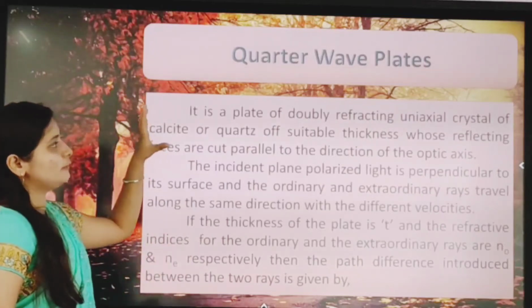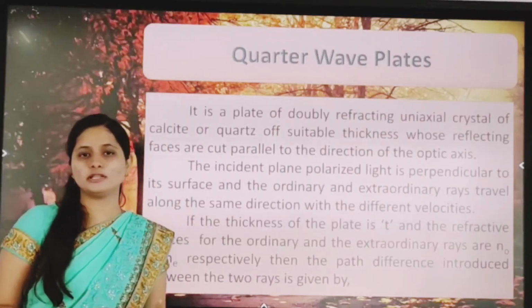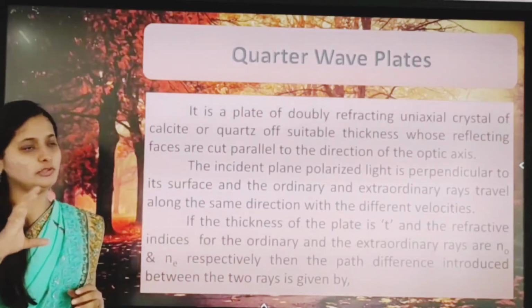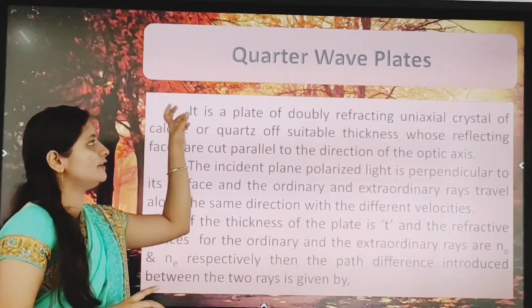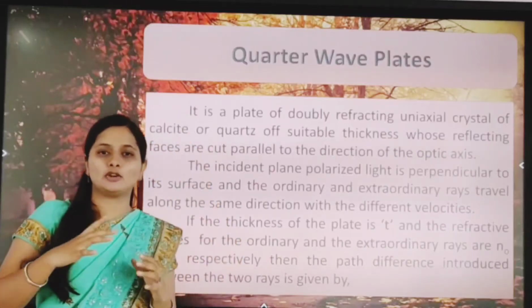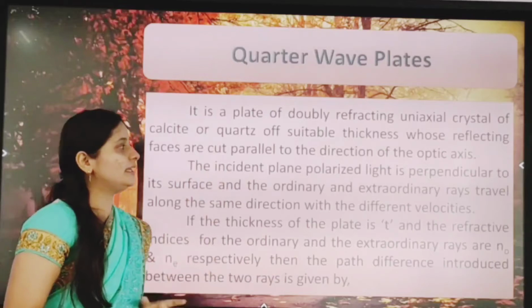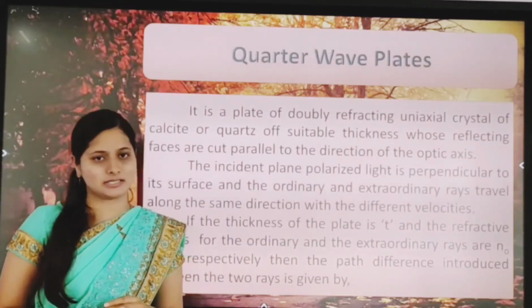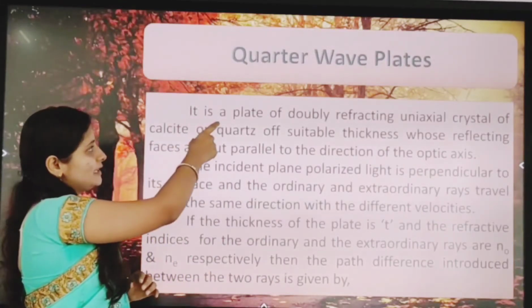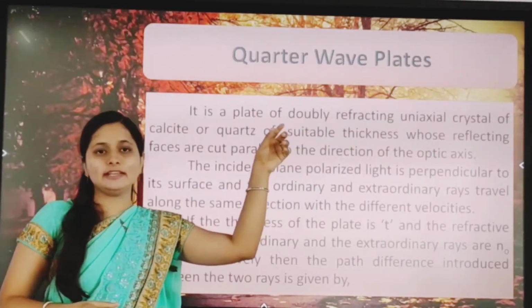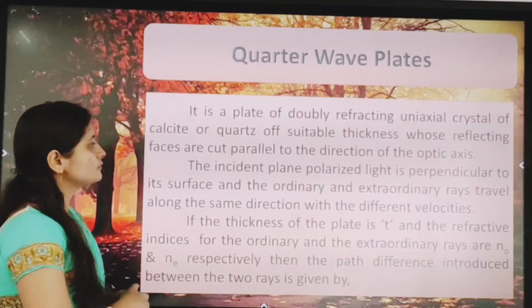In the quarter wave plate, quarter is nothing but how much? 1/4. So first we know the meaning of quarter. Here we are studying the quarter wave plate. It is a plate of a doubly refracting uniaxial crystal.